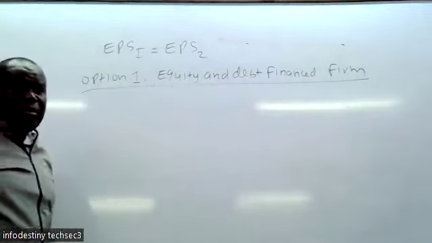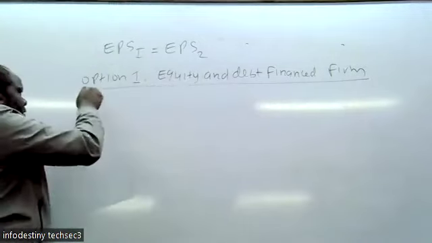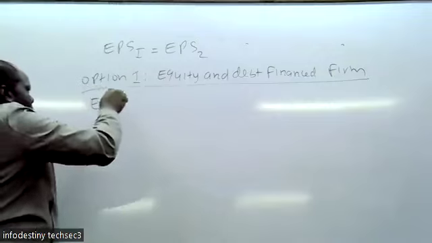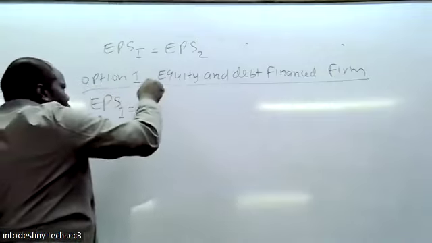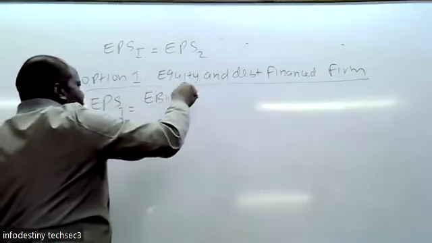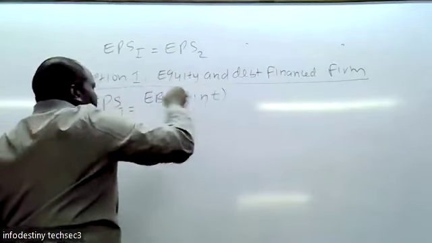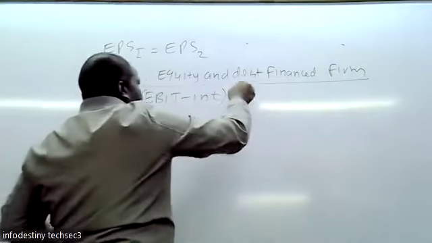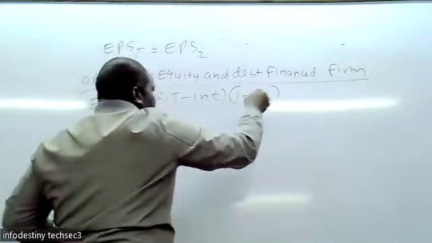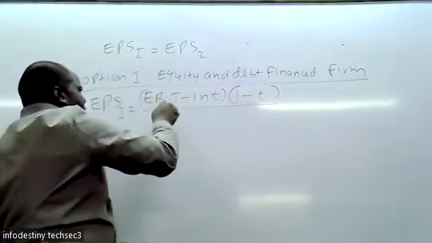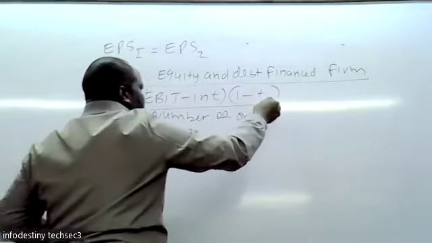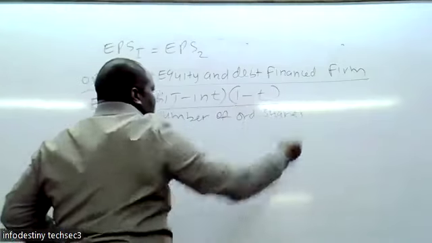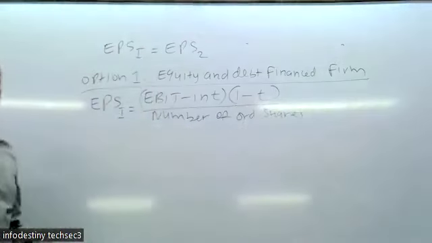When it is equity and debt financed, earning per share for option 1 should be equal to earnings before interest and tax, subtract interest, times 1 minus the corporate tax, divided by the number of ordinary shares.